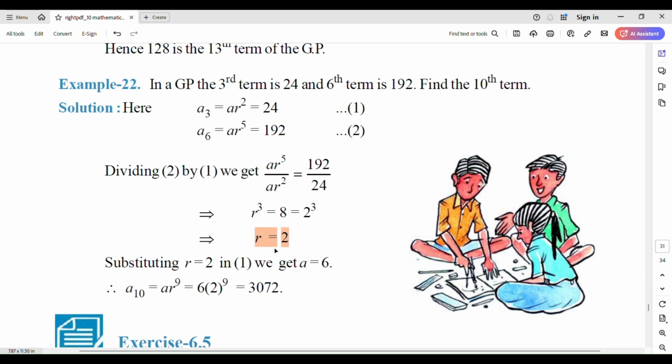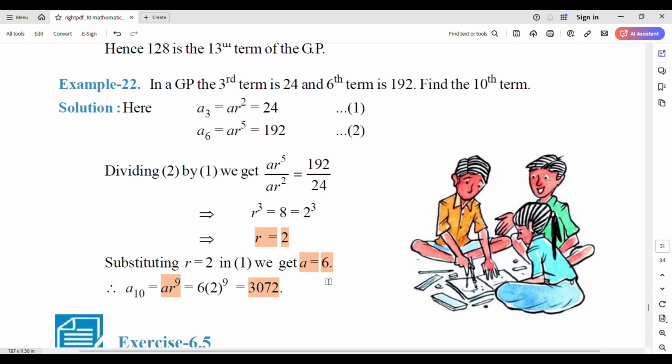Once you know r, you can substitute in any of these equations and get the a value. If you substitute in the first equation, you get a as 6. Once you know a and r, you can derive any term. So the 10th term is a r to the power of 9, which is nothing but 3072.